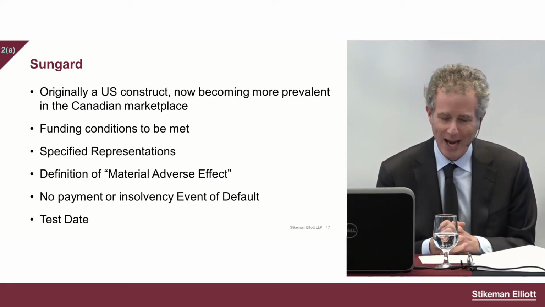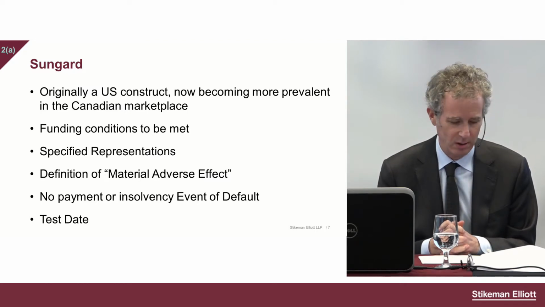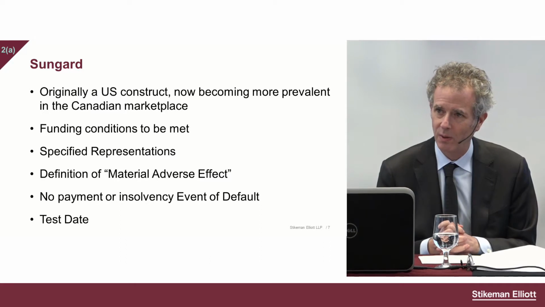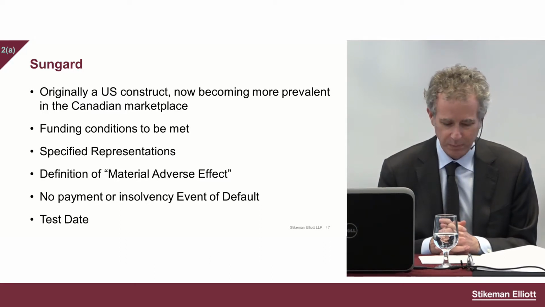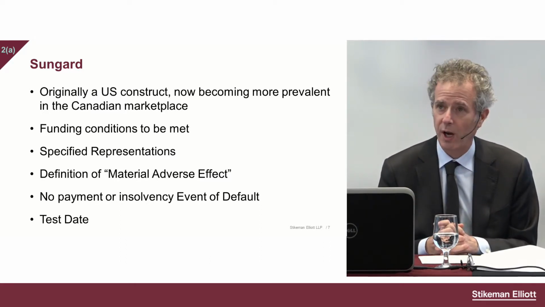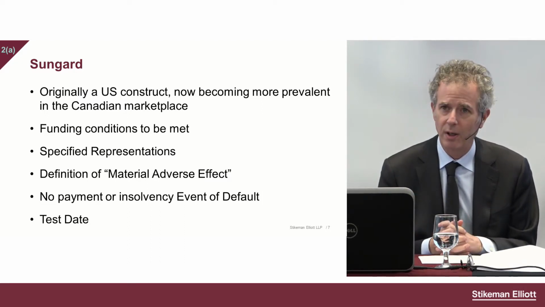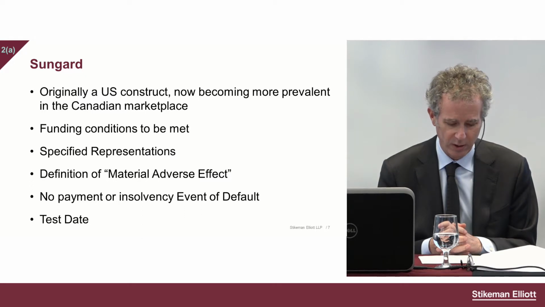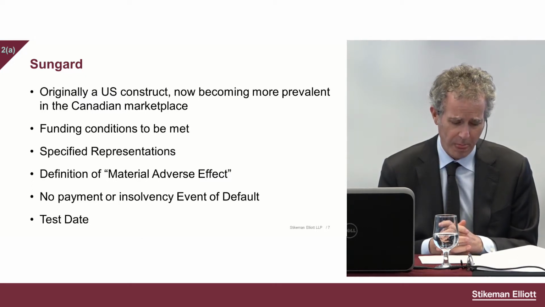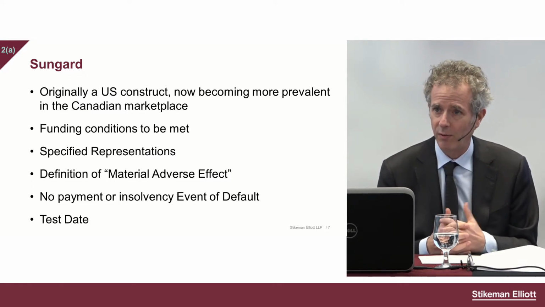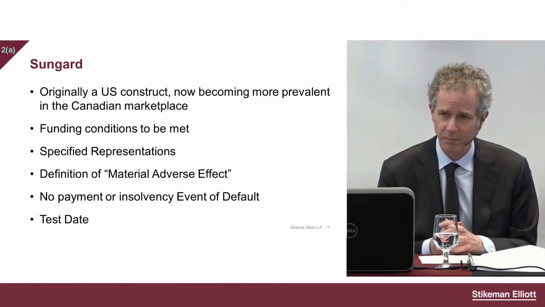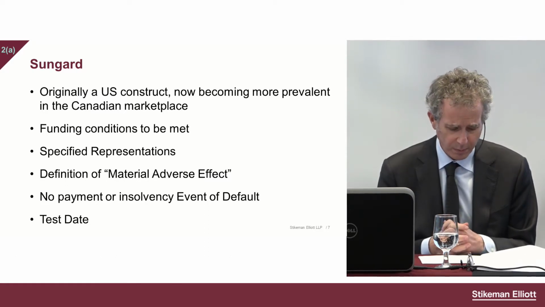The power and capacity to perform their obligations. The due authorization of the loan documents. No conflict with the organizational documents, articles, bylaws, partnership agreements that the existing obligors are subject to. Binding effect, enforceability of the loan documents, the solvency of the consolidated group.